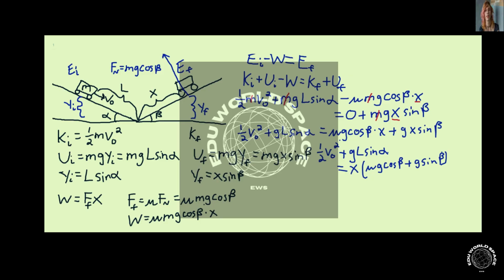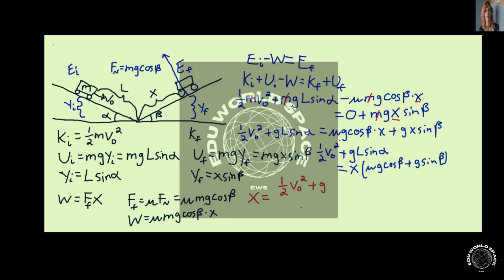So our final answer, once we divide out by x, is x equals 1/2 v naught squared plus g times L. Oh, excuse me. Sorry about that. The tablet's acting up again. All right, where was I?